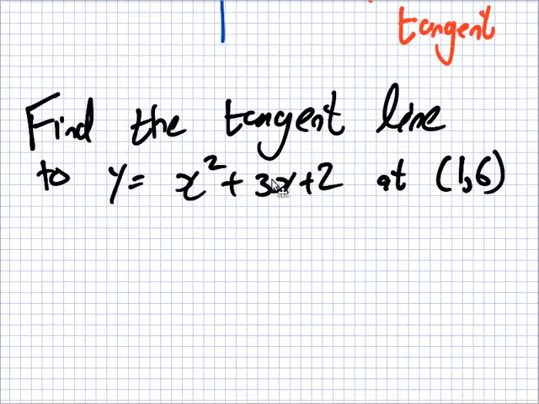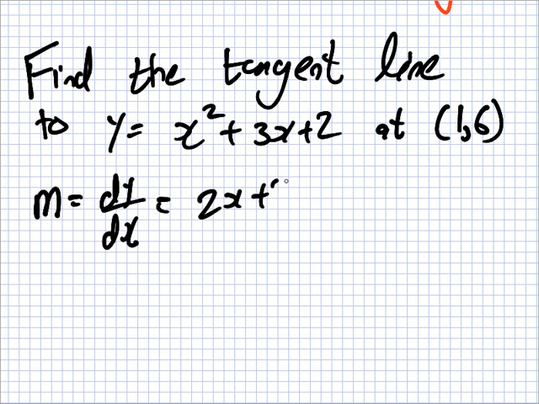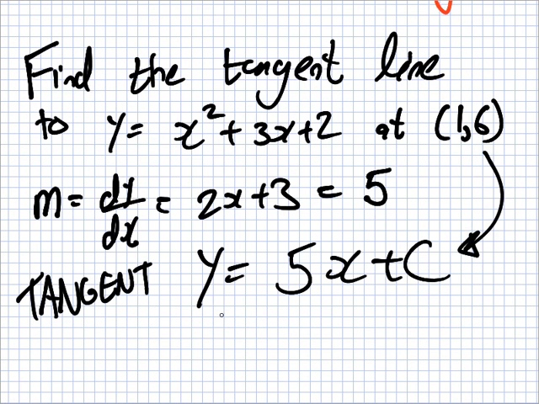So, here, if I want the m, that would be dy/dx, which would be 2x plus 3, and here x is 1. So that would be 5. Great, so now we have y equals 5x plus c. That's the tangent. Although we still have to find c, right? And how do we usually get our c? Substitute that in. So you get 6 equals 5 plus c.